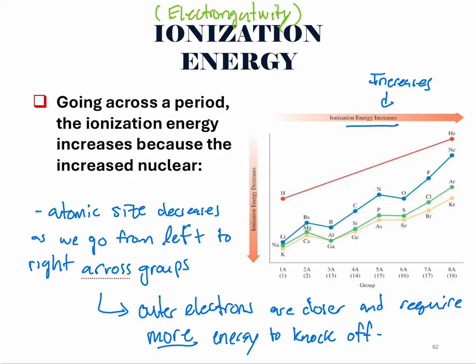Electronegativity is just going to be how much that atom wants to pull electrons to itself. So how likely is that atom to pull things to itself? What that means is something like fluorine, for example, is going to pull electrons very hard, where something like sodium will not pull electrons at all.